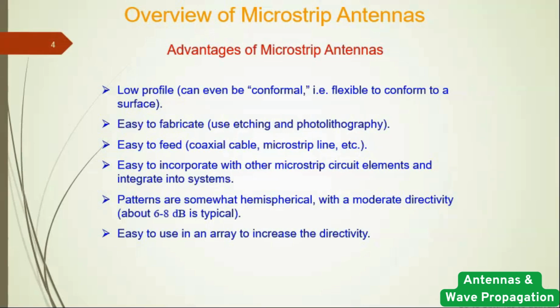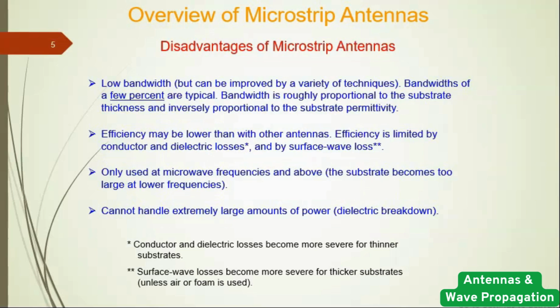Coming to the disadvantages, microstrip antennas suffer a number of disadvantages as compared to conventional antennas. These are low bandwidth, low efficiency, and low gain antennas with low power handling capacity. An effort to improve their bandwidth, which is usually limited to the range of 1 to 5%, results in additional complexities.